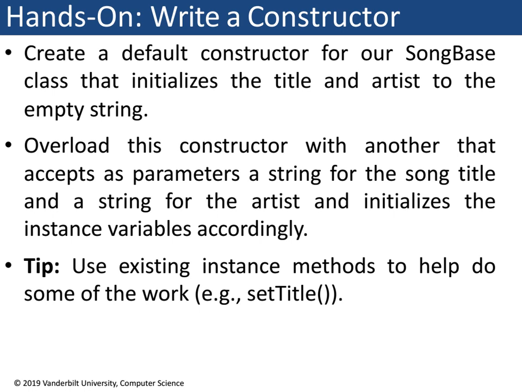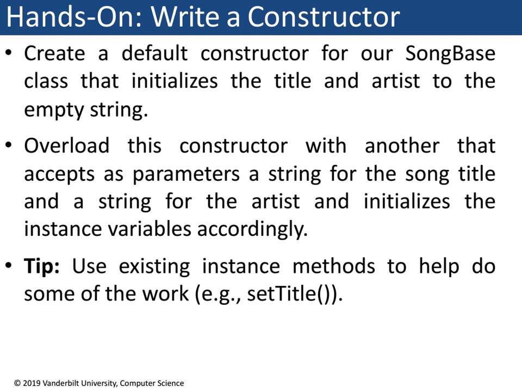So instead of assigning null to each of our instance variables, we want to override the default constructor and have our constructor initialize the title and artist to empty strings. And this is going to be the constructor with no parameters passed at all.